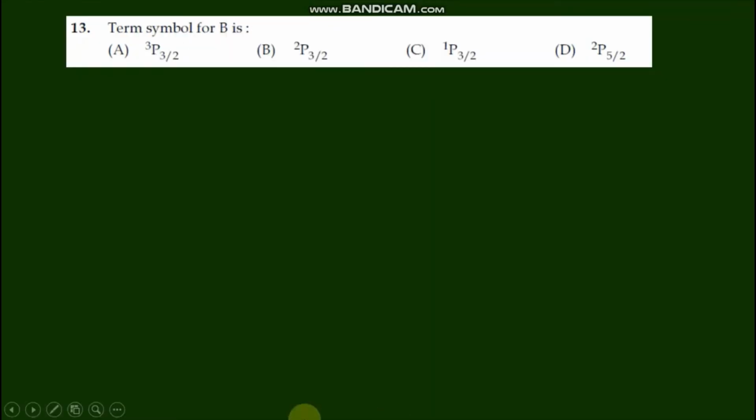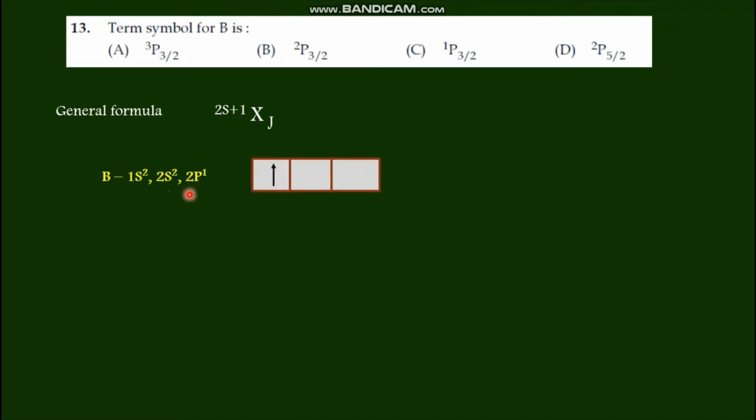Question number 13. The term symbol for boron is. The general formula of a term symbol is 2S+1 X J. Boron has the electronic configuration 1s2 2s2 2p1. We have to consider the outer electronic configuration only, that is p1. Now we have to find the S value.